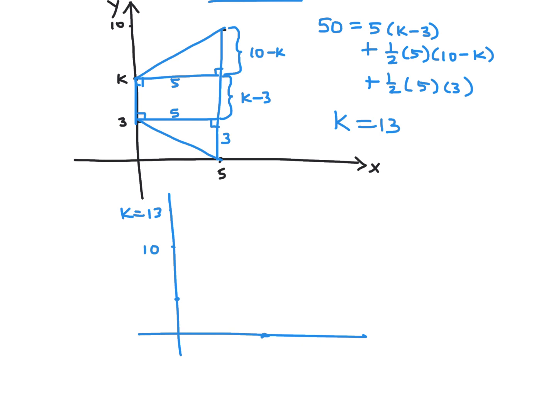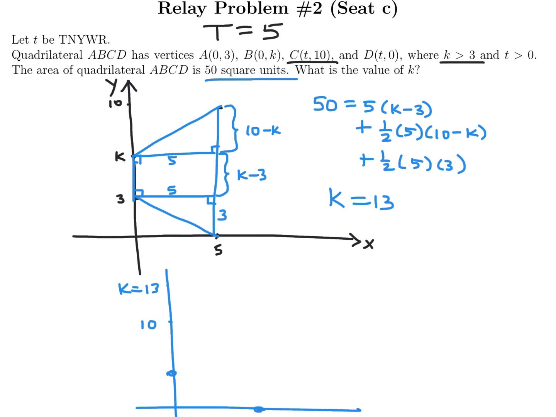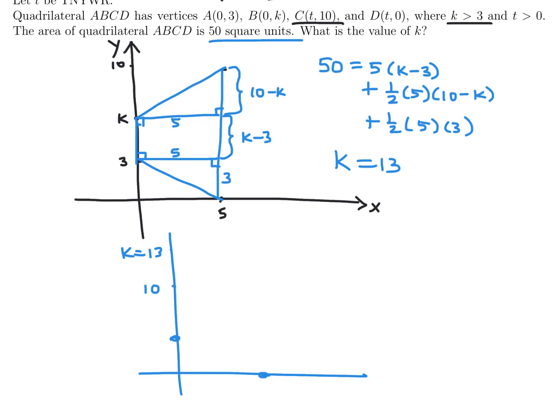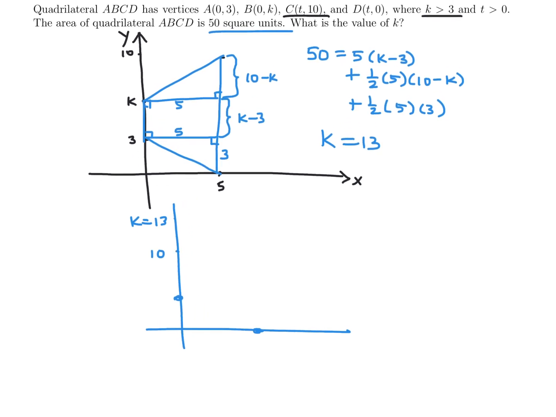We've got this point (0, 3), that's this guy. (0, k), so that's up here. (T, 10), what was T again? T was 5, so (5, 10), that's here. And then this. So the diagram is actually like this, I believe.